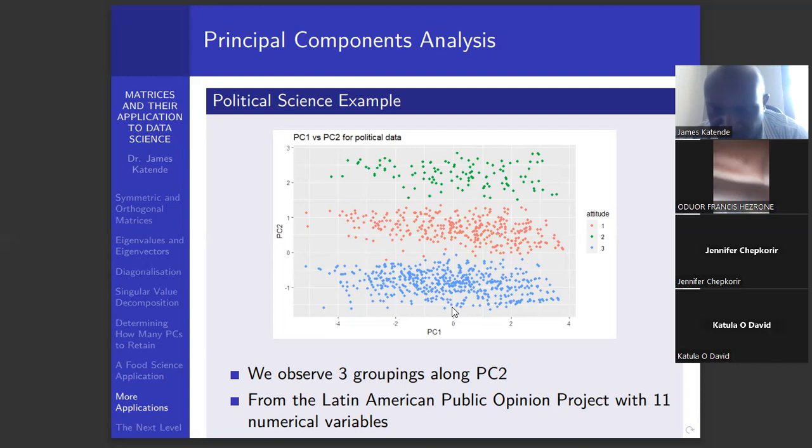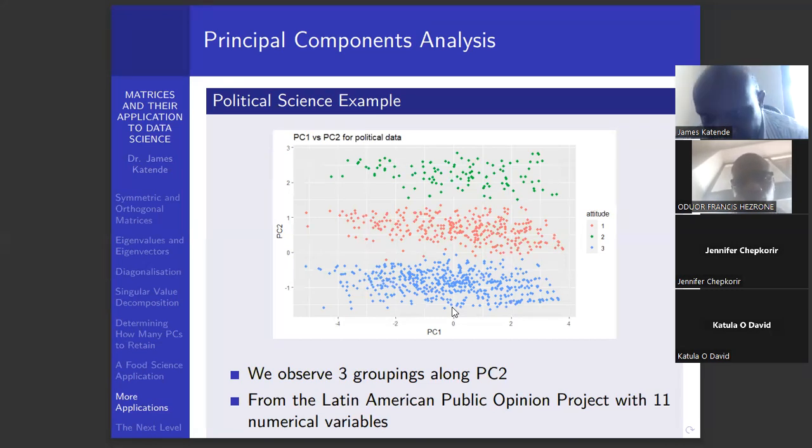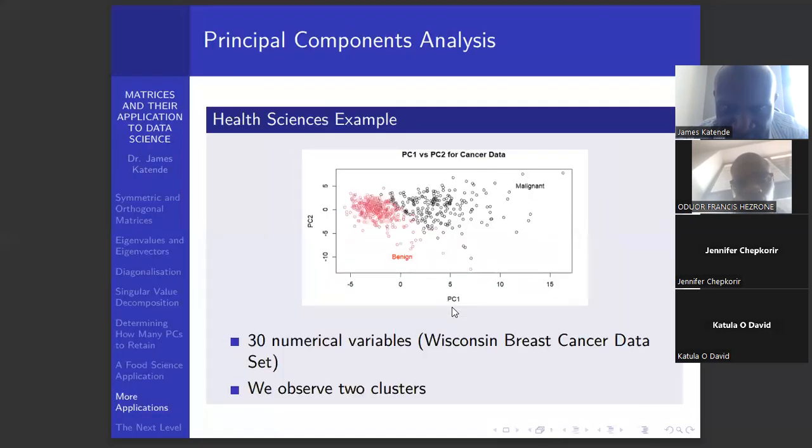That might help a social scientist or political scientist come to some conclusions. But again, here the aim was just to find the patterns, and we can see there's a pattern of three groupings politically.